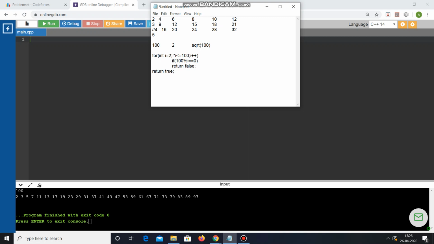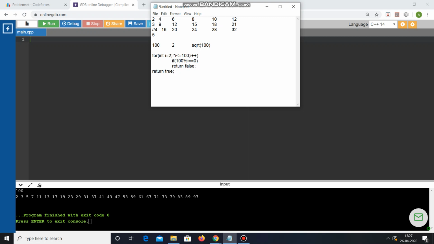So this is not the exact logic we are going to use, this is the idea behind it: we go from i squared till the square root of the number.